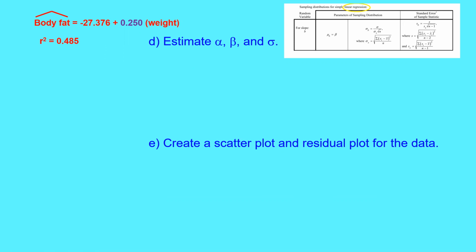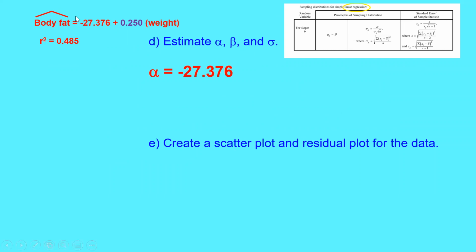So estimate alpha, beta, and sigma. If you actually perform the linreg test on your calculator, the calculator will give you these values. On your AP formula sheet, I snipped out the part where it says sampling distributions for simple linear regression. So these are formulas if you want to hand calculate, but I would run the linear regression test on your calculator, and you can find alpha, beta, and sigma.